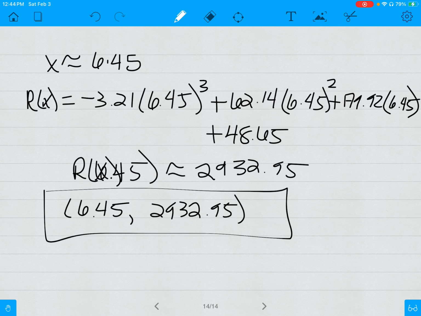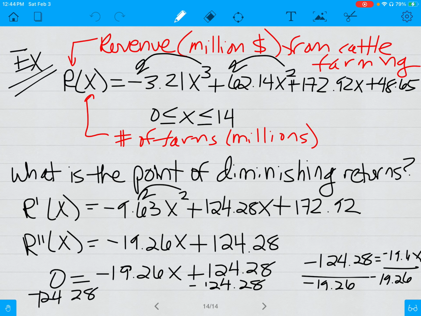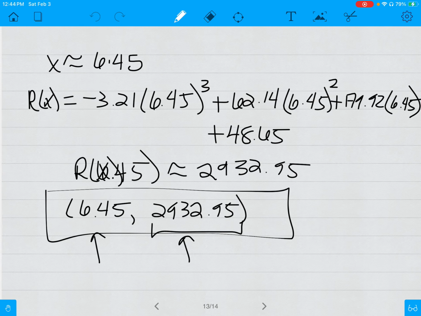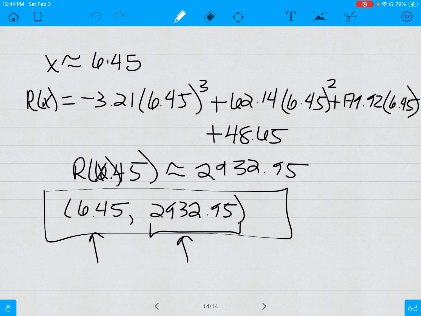So what are we saying here? Well, remember again, this represented the number of farms in millions. And then this represented the revenue. Revenue units were in millions of dollars. Okay, so this is telling us that since this is 6.45 million, that is 6,450,000.